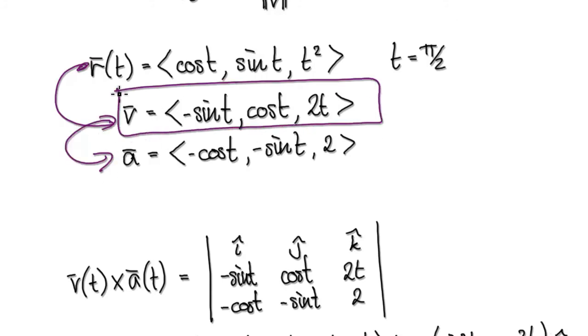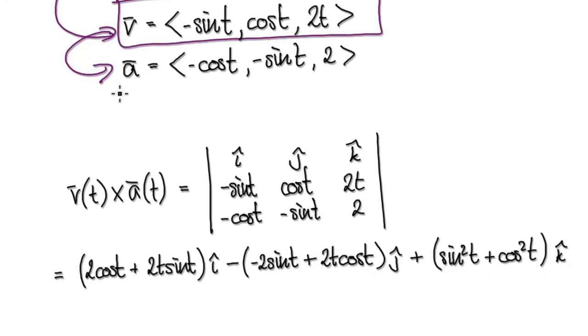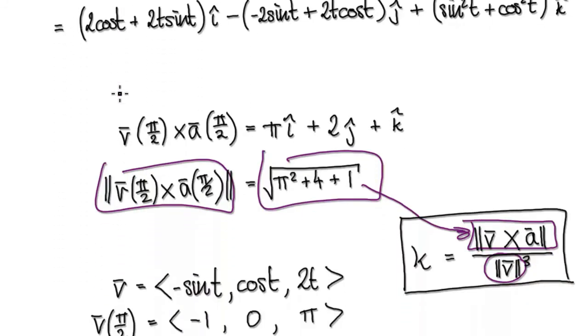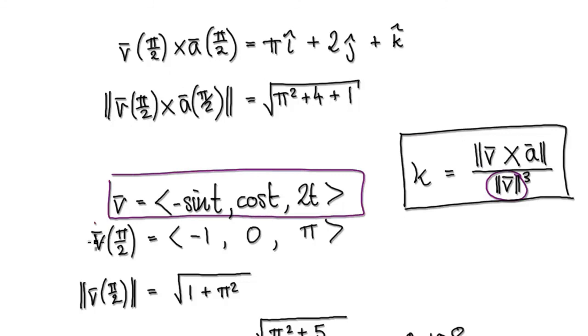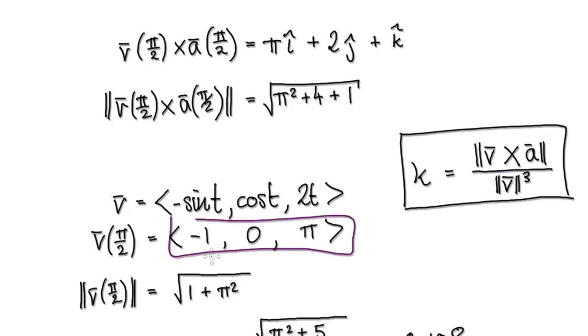Well, this is our velocity vector. We need to work out the magnitude of our velocity vector. So looking at the velocity vector, evaluate it at pi over 2, that will then give us this. And then we need to work out its magnitude. So square this, that would be 1.